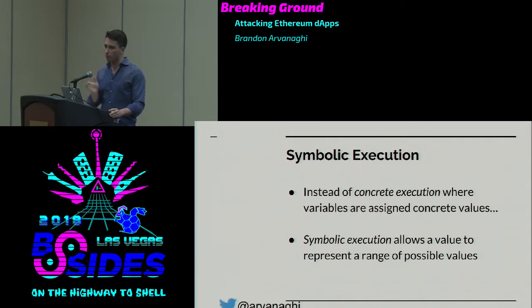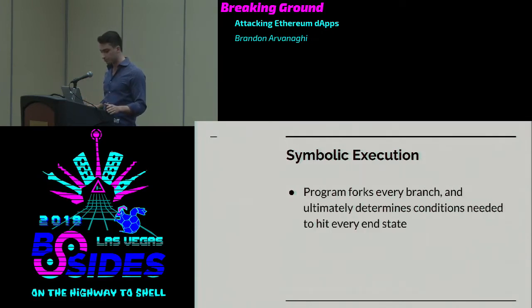So it's not tied to one value, but basically a range of values that are possible. When you're going through the program, you fork at every conditional. The symbolic execution engine will essentially fork and traverse every path. And when it gets to the end state, it'll tell you the conditions necessary to get to that end state. So ultimately, you can find out a way in which a smart contract could overflow by following the logic of what conditions are necessary to get there.